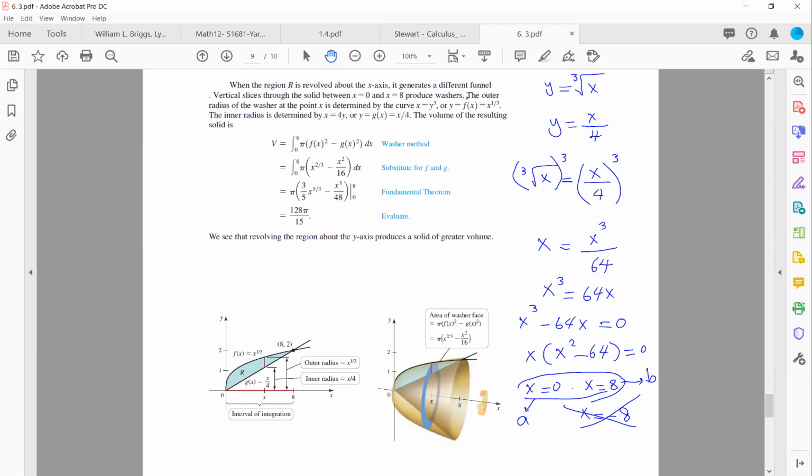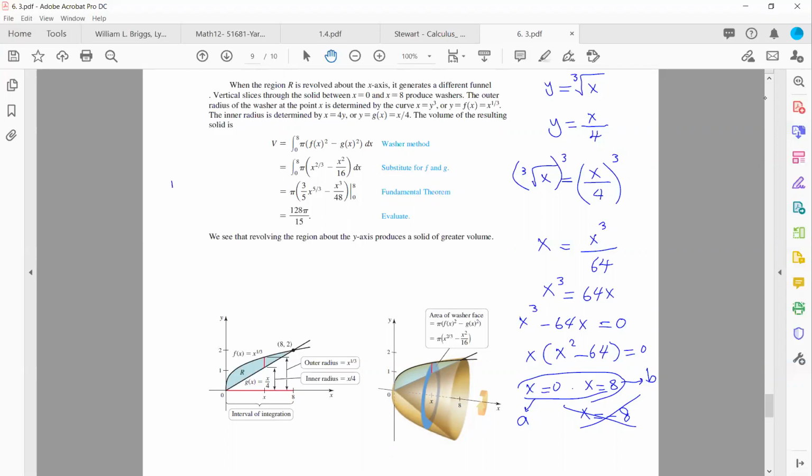Again, if you don't know which function is the upper function and which is the lower function, don't forget to use absolute value. So by looking at the graph, the upper function is the third root of x. The lower function is your linear function, x over 4.